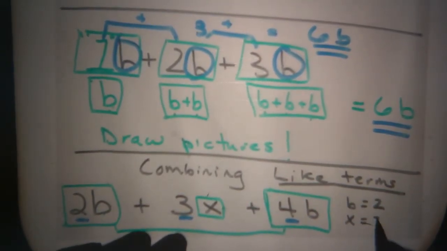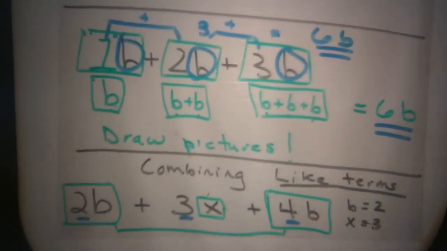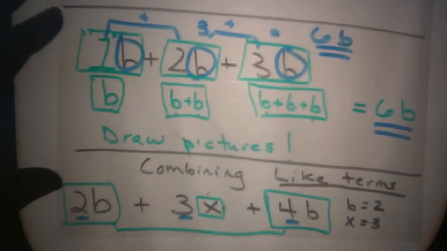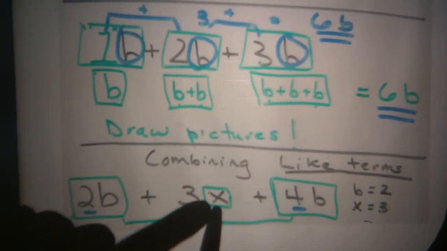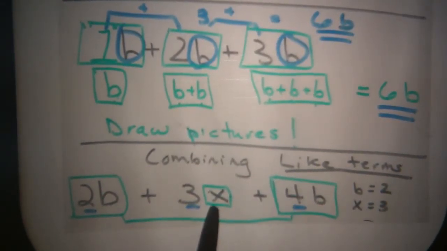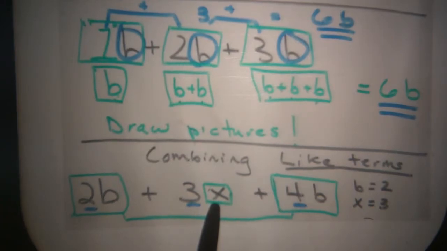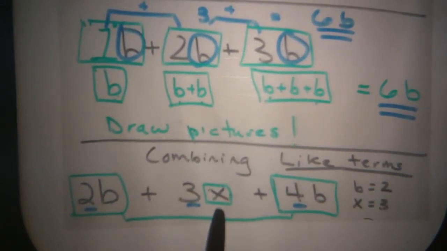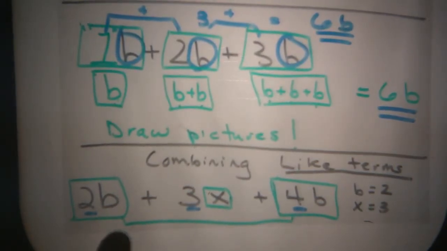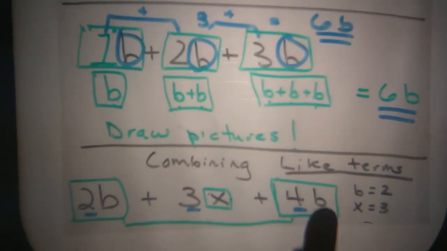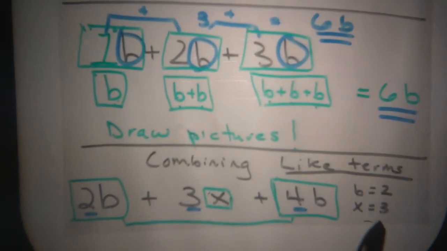X equals 3. Why can't x equal 2 as well? If x equaled 2 as well, we wouldn't need to write a different letter down. We wouldn't need a different variable. If x equaled 2, the same as b, this would be a b instead of an x. We could just say b. The reason we have variables is because the variables each represent a different number.